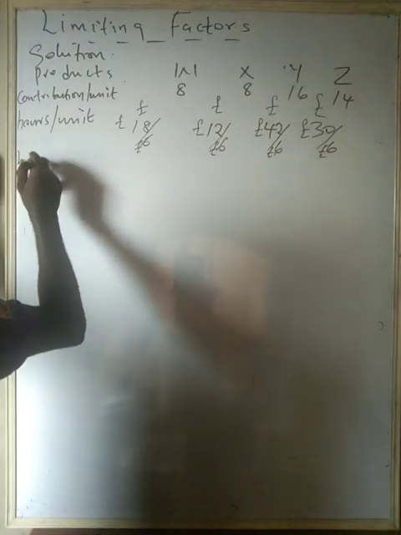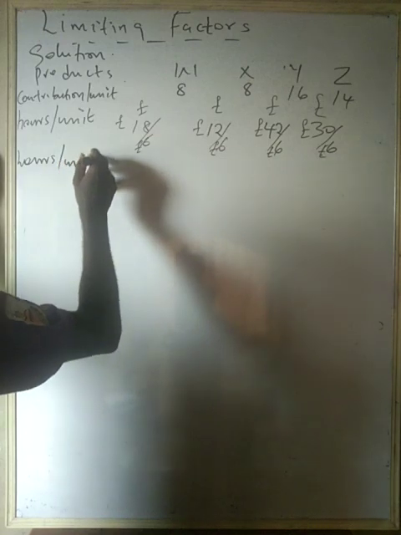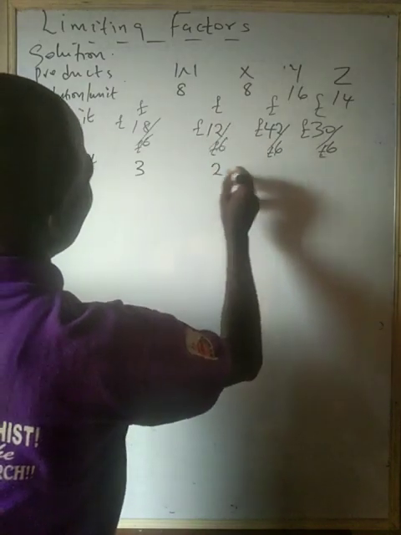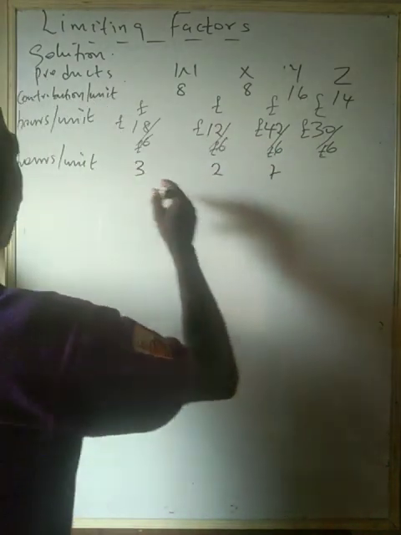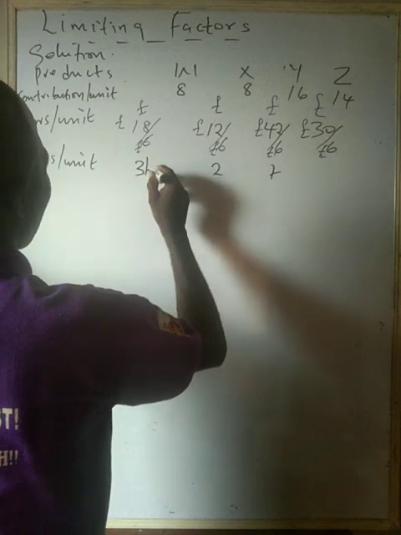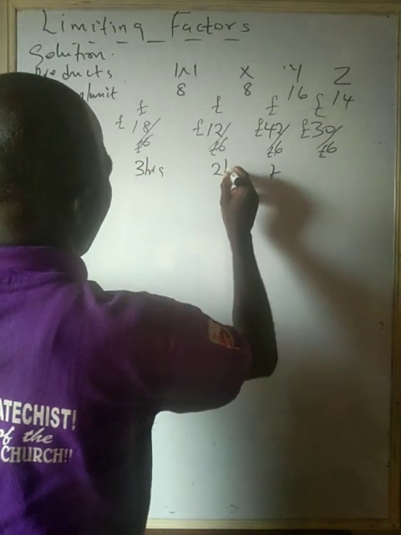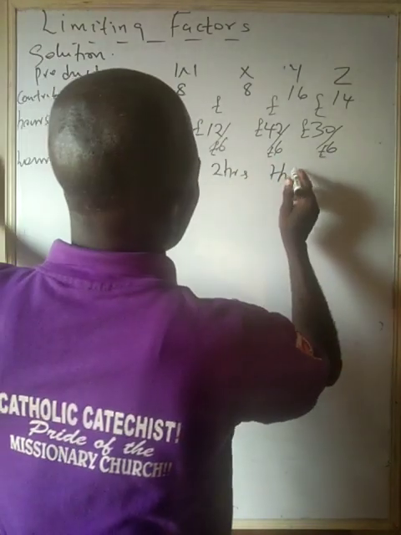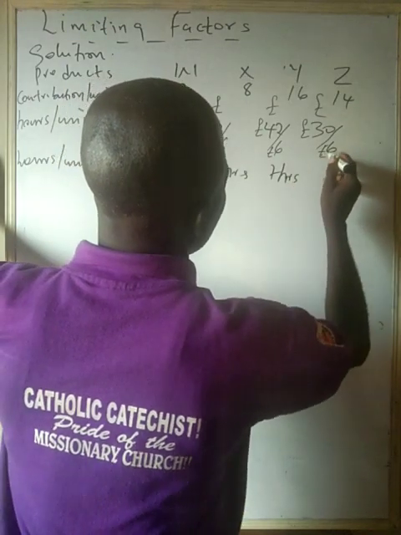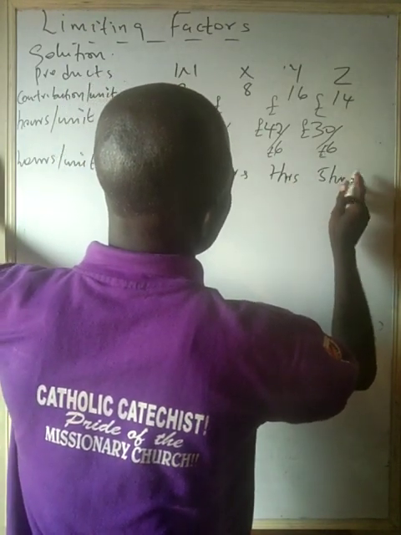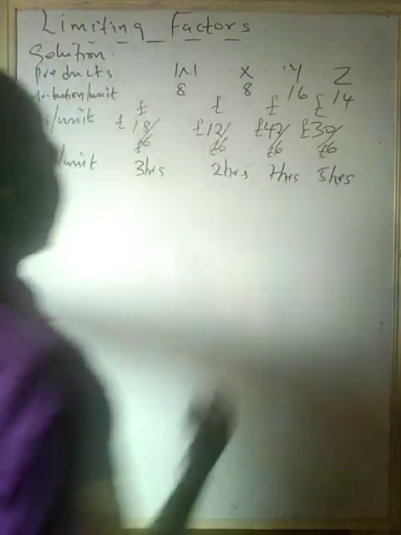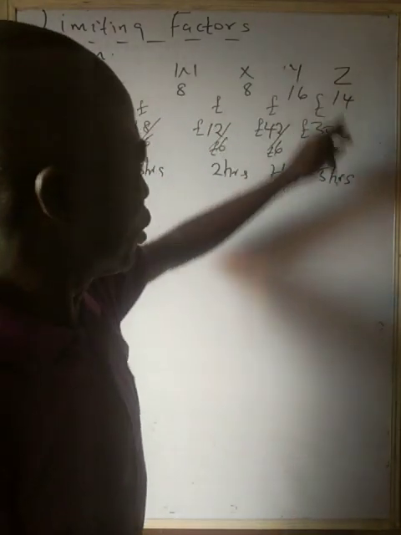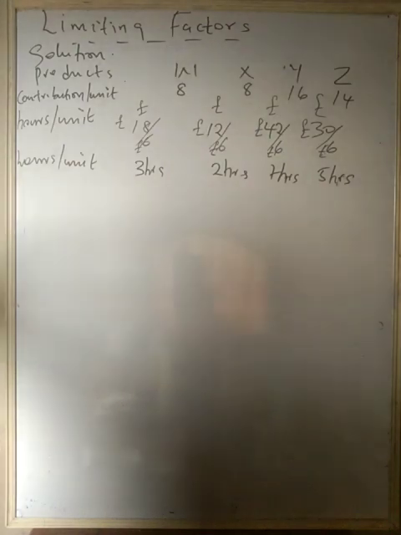So W is 3 hours, X is 2 hours, Y is 7 hours, and Z is 5 hours per unit. Do you get this now?